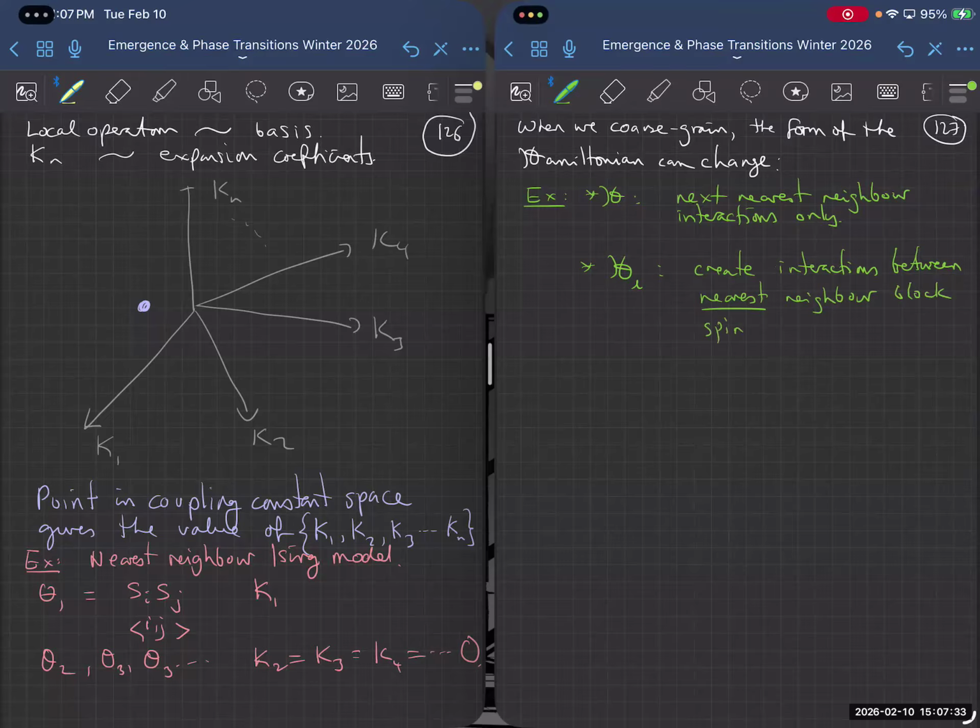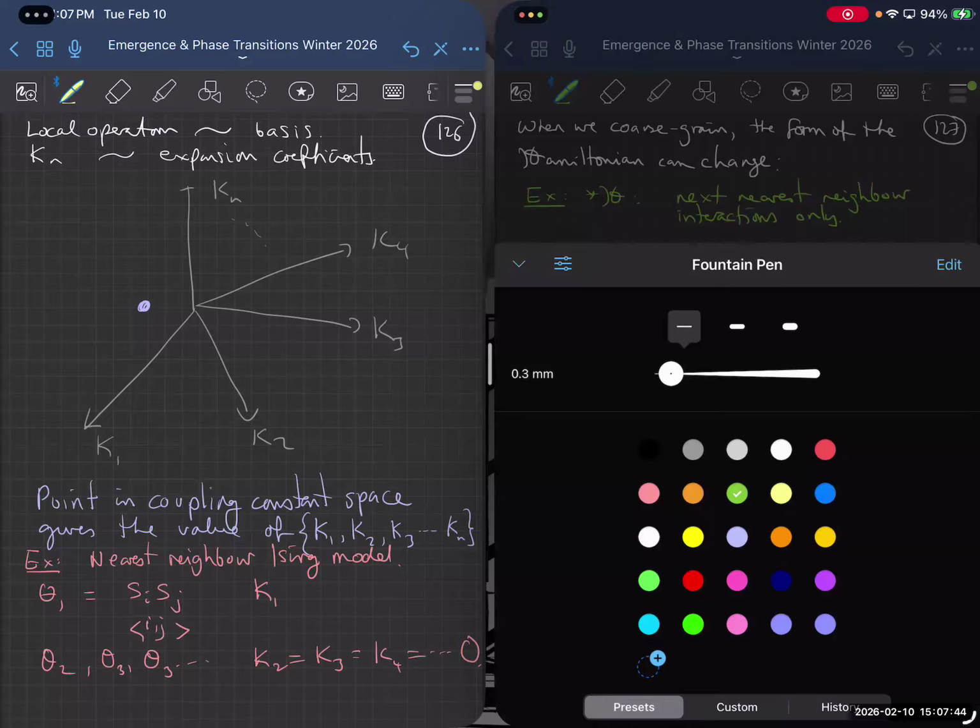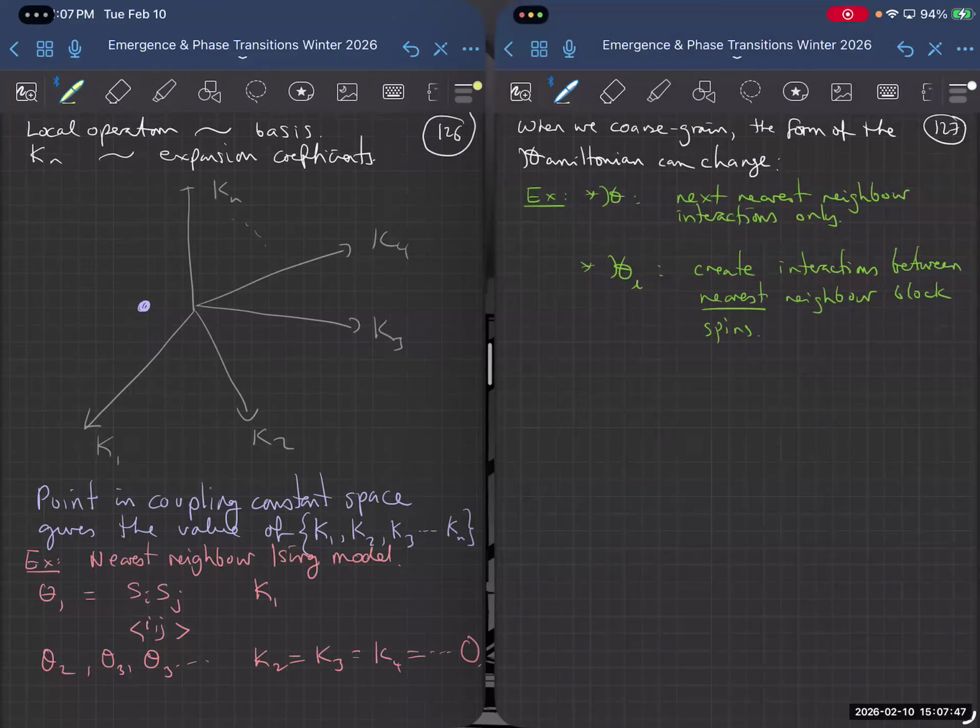That was the example that I already told you. And so what that means is that if the coupling constants start off as being zero, once I start coarse graining, they can change. So that means that if the coupling constants are changing as a function of scale, then I can ask, how do the coupling constants change as a function of scale, and what does that look like?